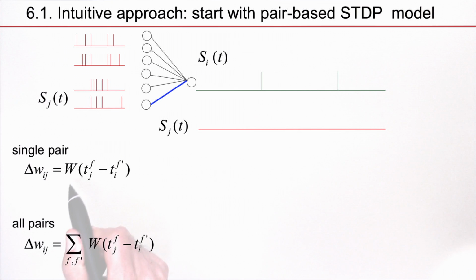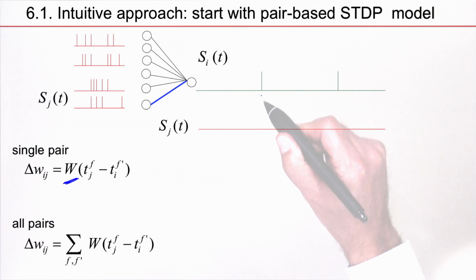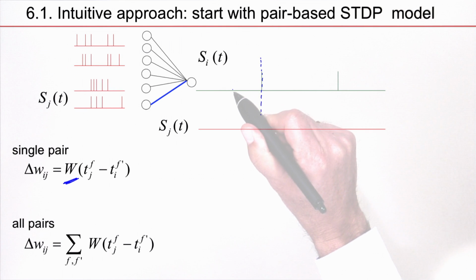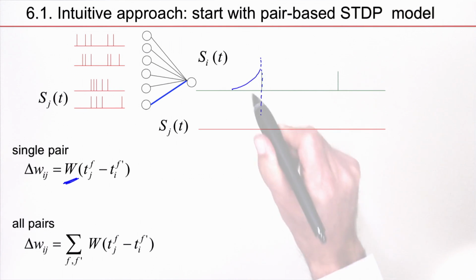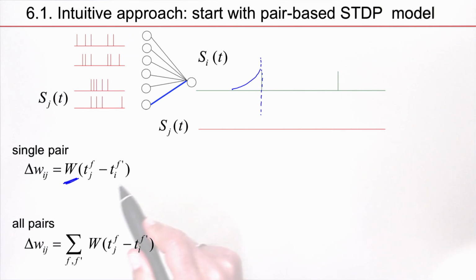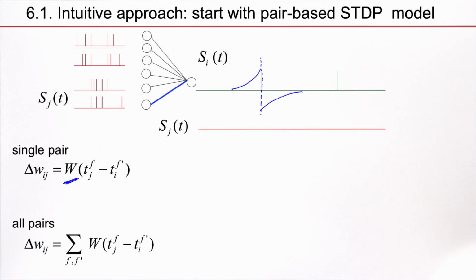So here again, my window of STDP, or window of learning, plasticity window, and I would like to center this window at the timing of the postsynaptic spike. So let's center the window here, and then I have a part on this side which is pre before post: t_j^f is smaller than t_i^f. This gives a positive change, and the part here, post before pre. Now I also have presynaptic spikes.